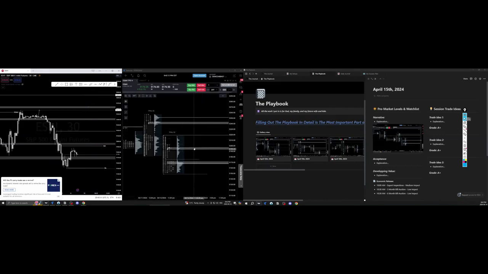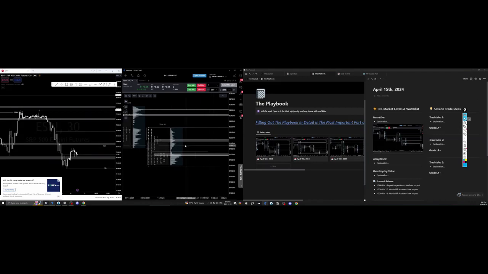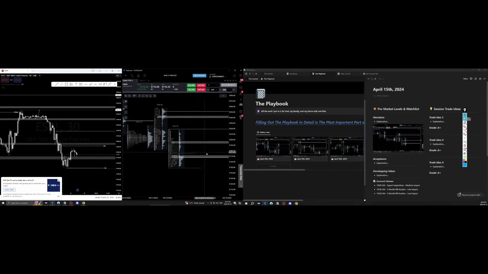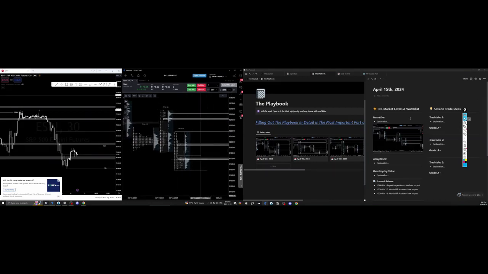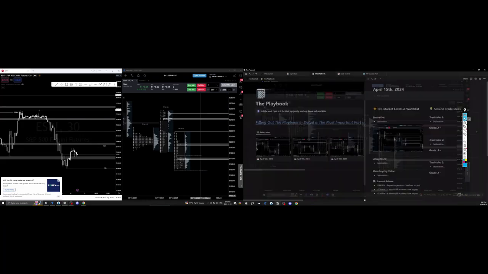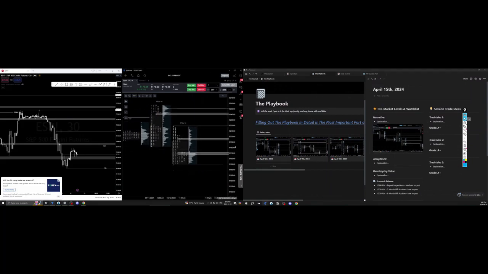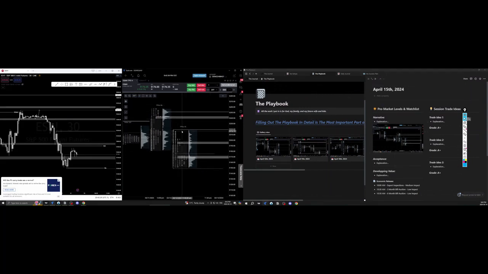Alright. Oh wait, am I tweaking? Why is it like that now? See, this is the thing, bro. I swear my trade of it is not showing the right stuff. Why is there a single print?